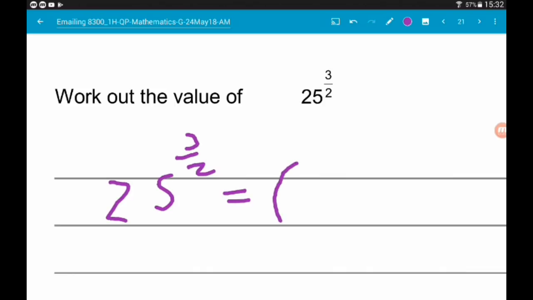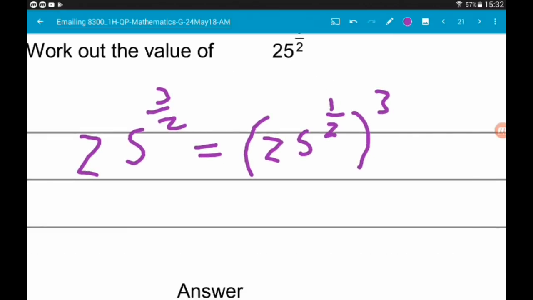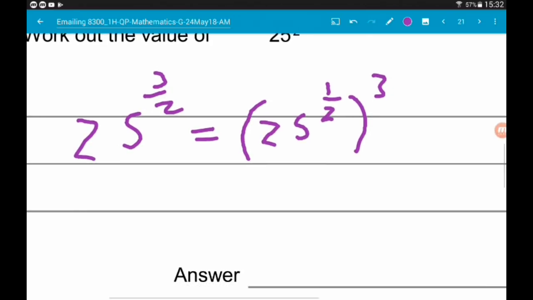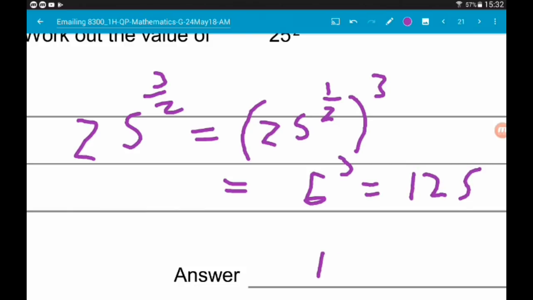We're going to say this is 25 to the 1/2 cubed. 25 to the 1/2 means the square root of 25, which is 5. So this is 5 cubed, which is 125.